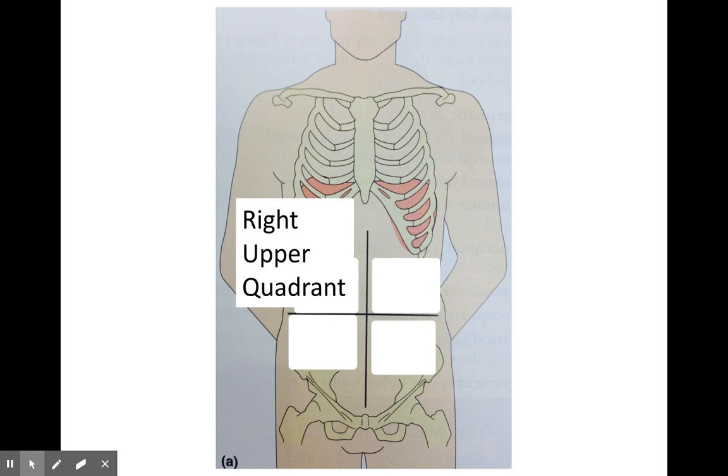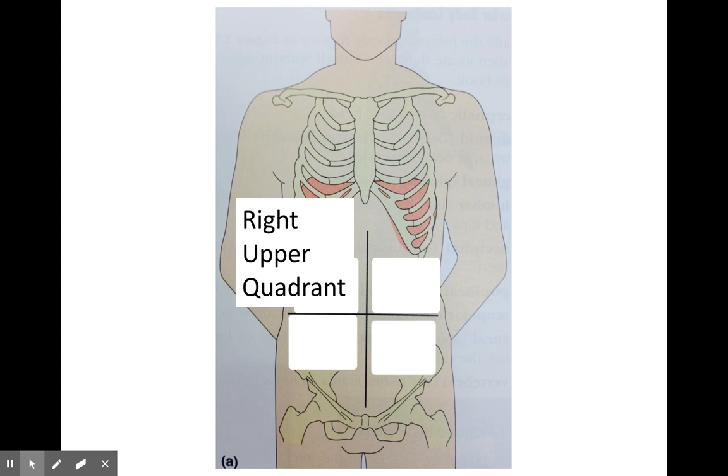Now we're going to look at quadrants, and we are looking at a diagram. What we always have to realize is that the diagrams are in anatomical position, and it's always the specimen's right side and left side. A lot of people will make the mistake of identifying rights and lefts from their own point of view, as opposed to the point of view of the specimen or the diagram.